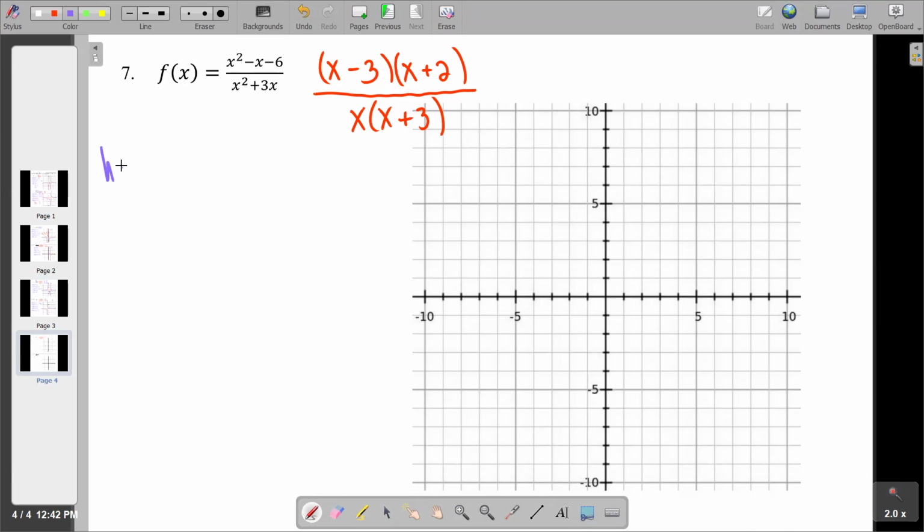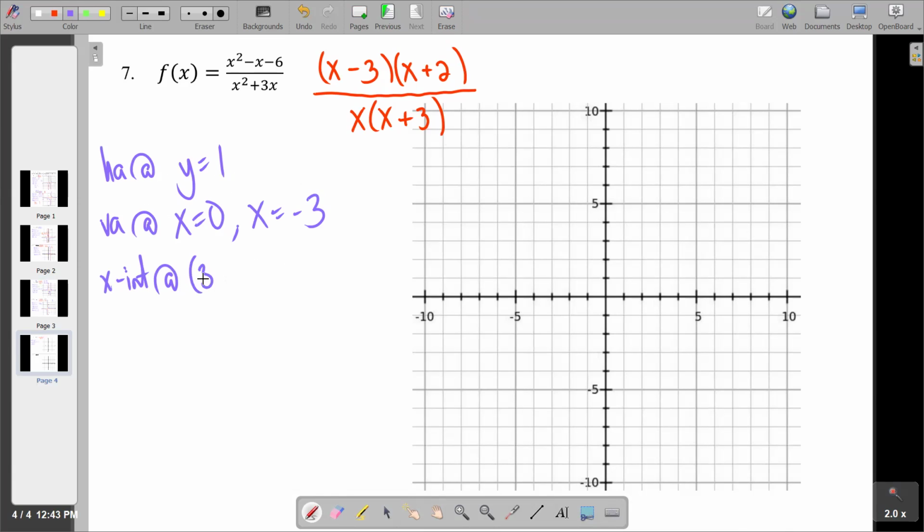Horizontal asymptote. Good. Thank you. Y is 1. Good. Is there a vertical? Exactly. There's two of them. There's one at 0 and there's one at -3, right? Awesome. I really appreciate you guys answering all these questions. How about the x-intercepts? Where are they?